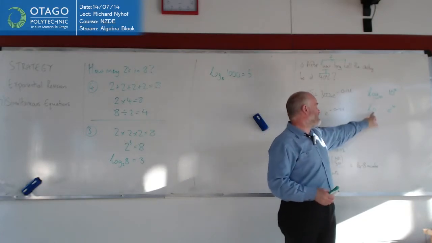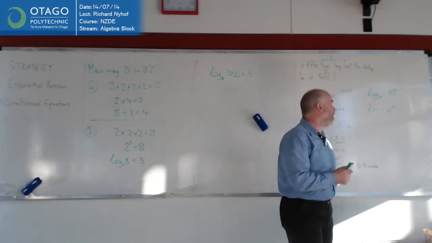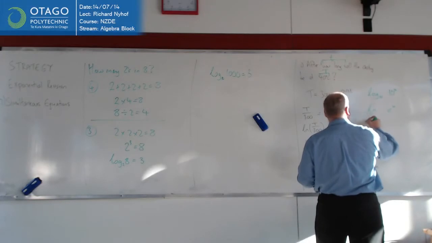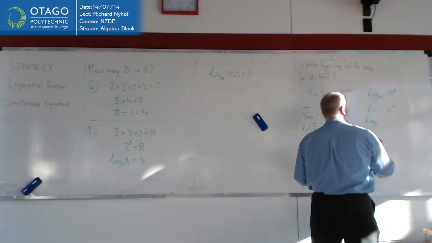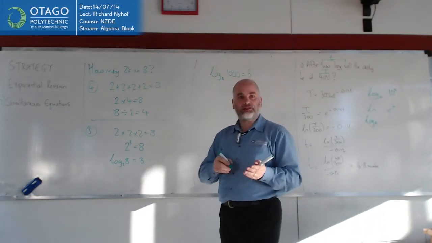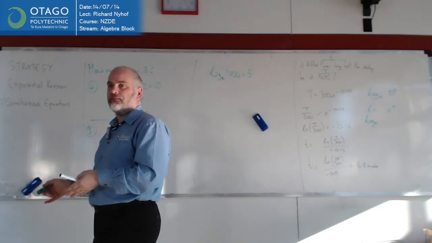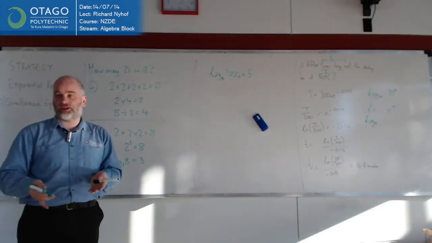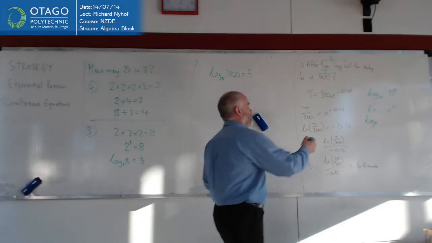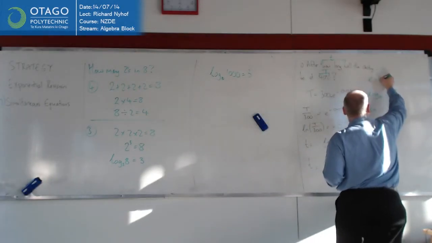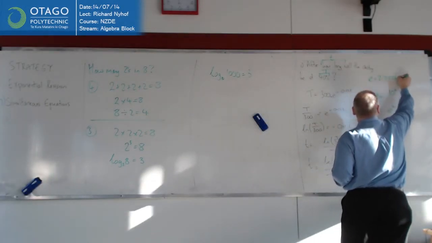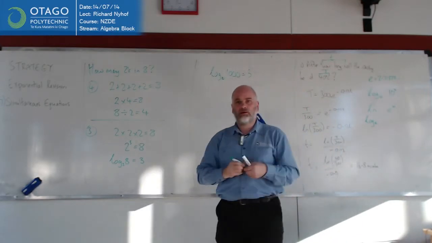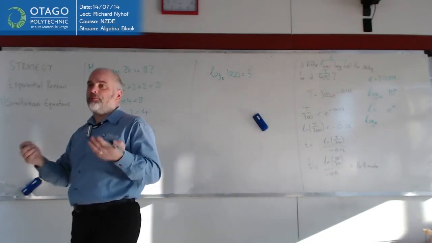If you push the natural log button, the LN, then what it's actually doing is asking you how many E's are in this thing. E is just a number. It's a number that comes up a lot in nature.